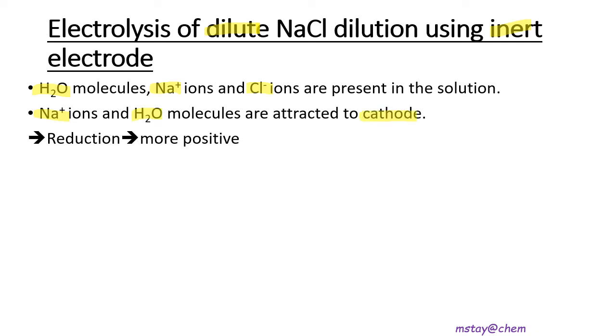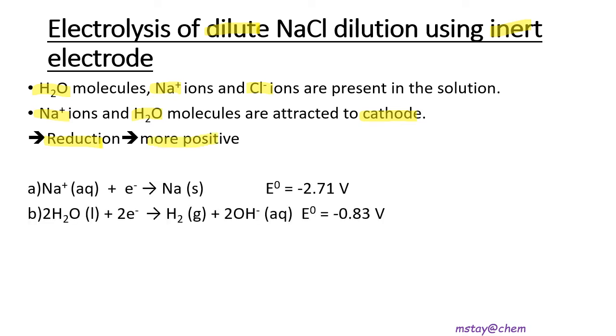The reaction at the cathode is always reduction, and we have to choose the one with the more positive SRP value. Same as just now, for both Na+ and water, we look for the SRP value. One is -2.71 and the other one is -0.83. Between these two values, -0.83 is more positive.